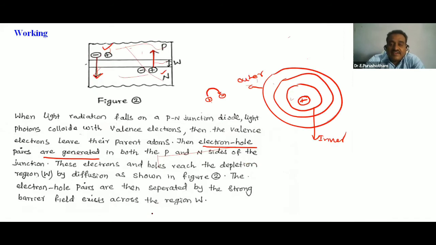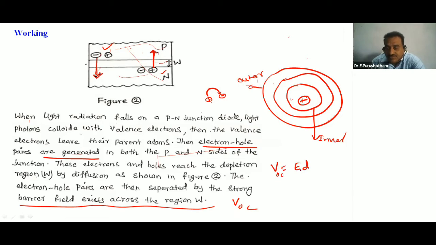So what I am saying here is that after the electrons diffuse from p-type to n-type and holes diffuse from n-type to p-type, a strong barrier field exists across the region. That is VOC, the open circuit voltage, as shown in figure 4.